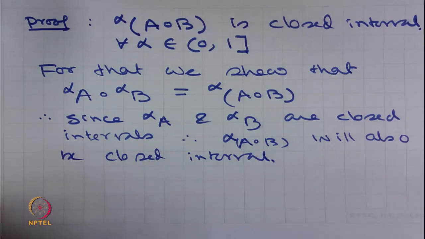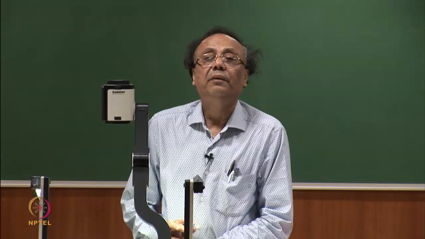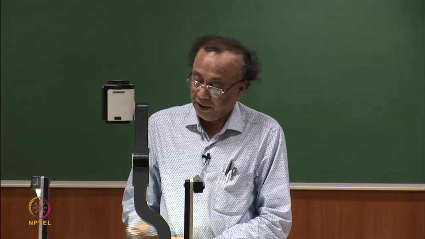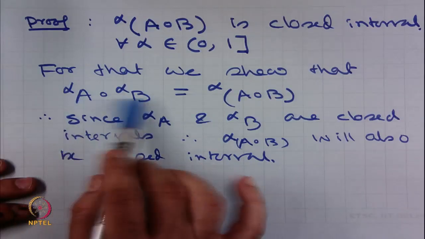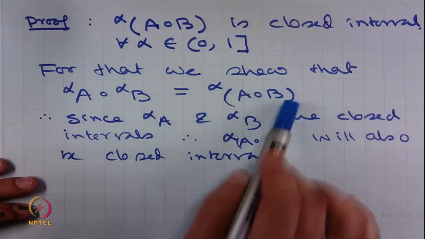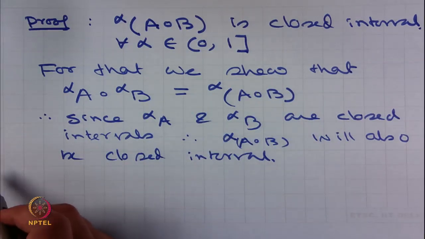And why do we say that these are closed intervals? Because it is already given that they are fuzzy numbers, and we are doing interval arithmetic on that, and we want to show that this is also going to be a closed interval.